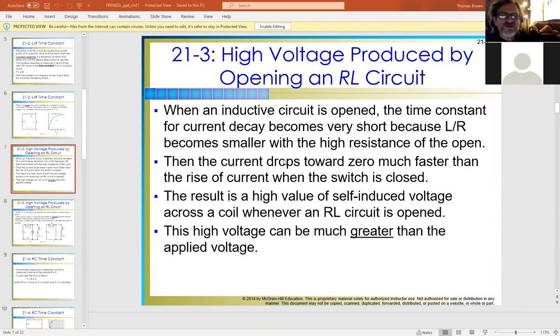So what is the result of that? We get a high value of what they call self-induced voltage across a coil whenever you have that circuit open like that. And what do they mean by self-induced voltage? Well, if we open that switch, we've essentially cut the component off from a current source.